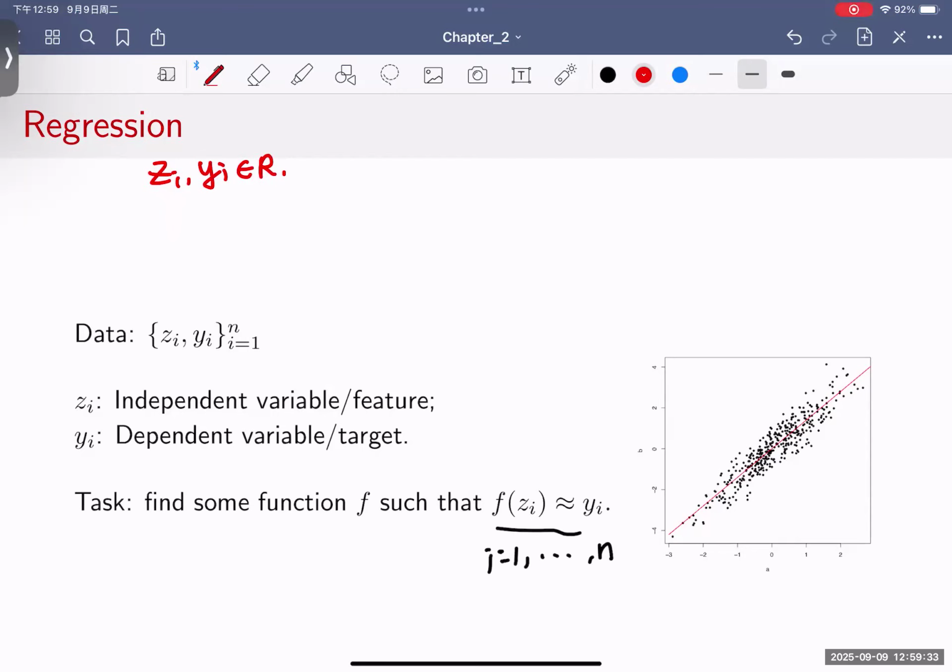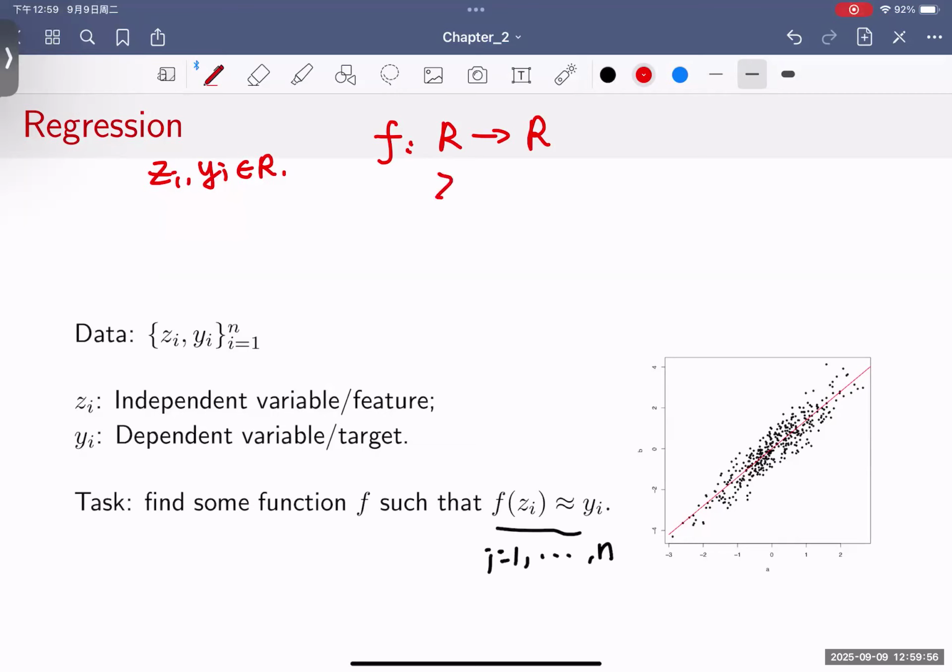But we can think about how many f we could have. f is a function, so it could be any function from R to R, where R is the real value, the real space.